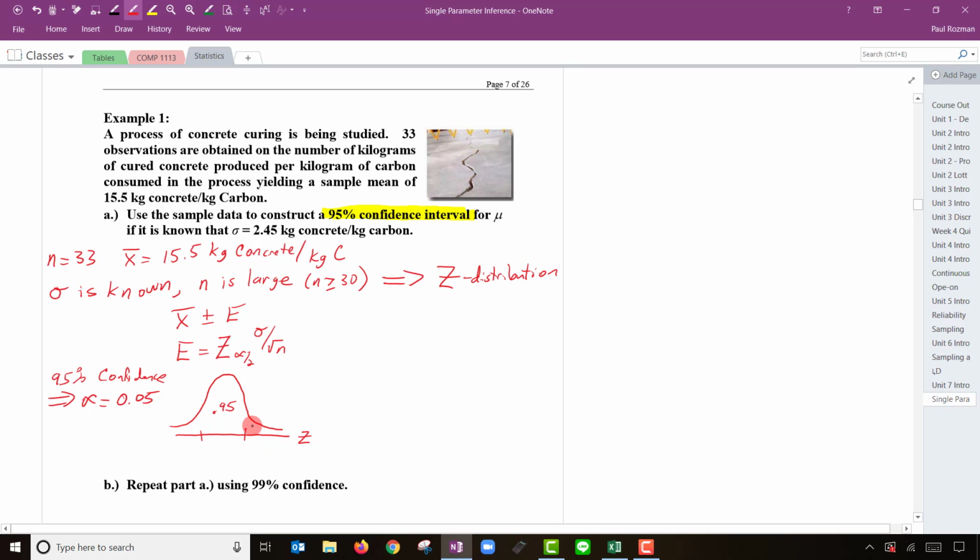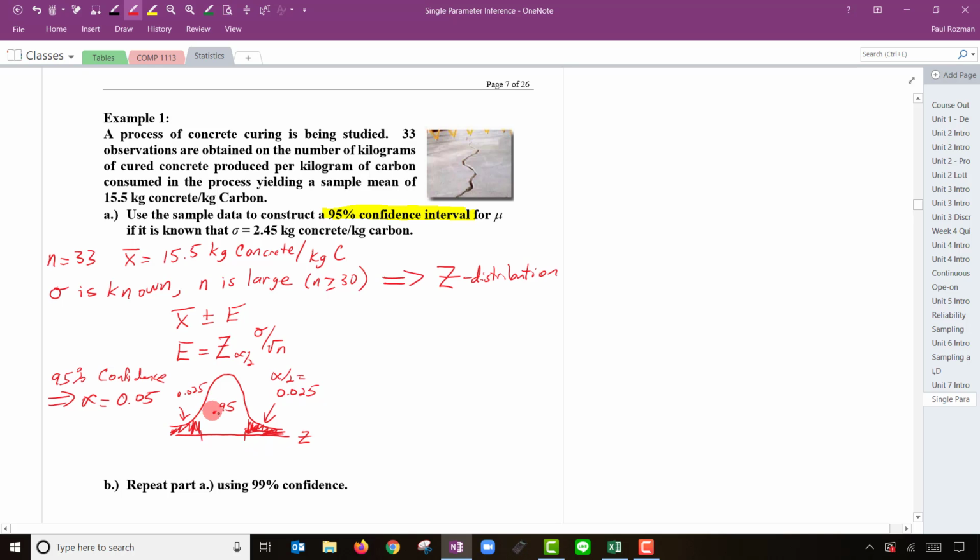We can look this up, though, in our table. The upper tail has an area of 0.025, and the lower tail has an area of 0.025. That's alpha divided by 2. And now we need to figure out these spots on the z-axis.